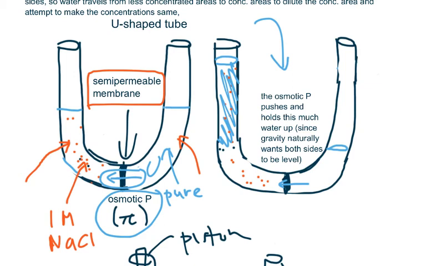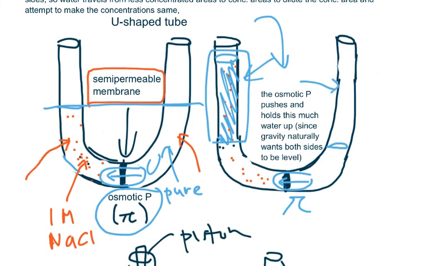As you can see, this osmotic pressure pi is holding up this much water, because normally both sides are supposed to be level, but since this side has this much more water than this side, the extra water must be held up by the osmotic pressure, since, as I said before, naturally, gravity wants both sides to be level.